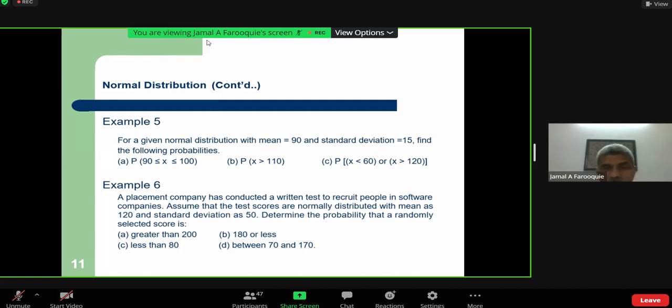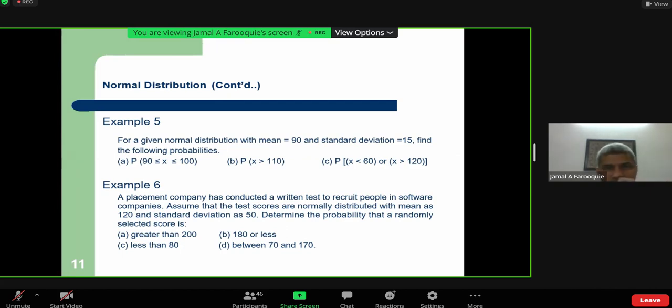So you need to have a clear understanding, and the suggestion is before solving a normal distribution problem, you should always draw a curve and shade your area. Which area you want to find out, so that will make the picture clear whether you have to subtract from 1, or add to 0.5, so that you can easily do it.